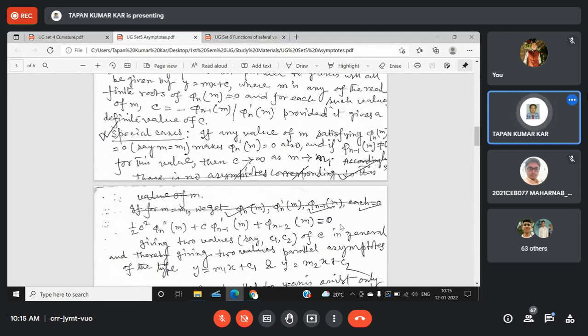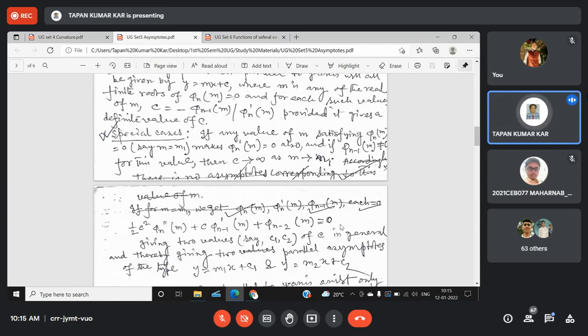So one equation will be y equal to m1x plus c1, and if the two values are c1, c2, the other will be y equal to m1x plus c2. These are two asymptotes, and both are parallel. Repeated roots mean actually what? y equal to m1x plus c1, y equal to m1x plus c2. These two lines are parallel.